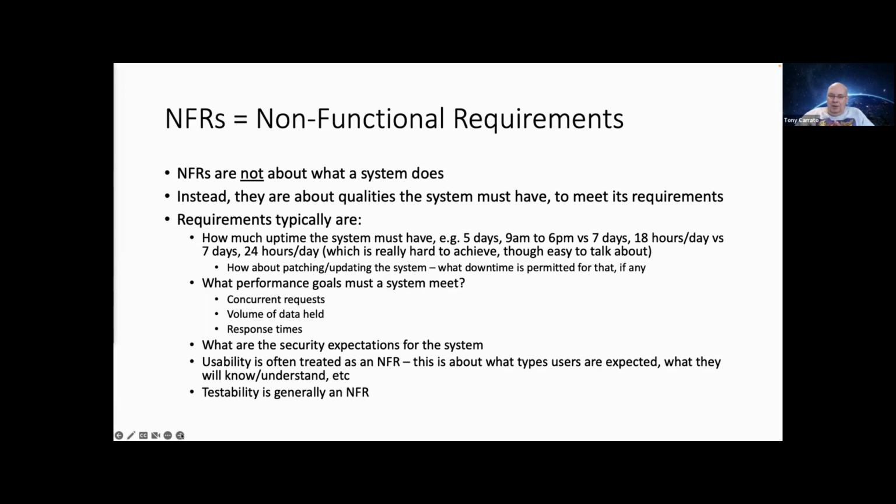So a classic one is uptime. So loads of people say, oh, I want 6 nines of availability. That means 99.9999% available. And if you start doing calculations like that, we take days times 24, and we start talking about how many hours could the system be down?